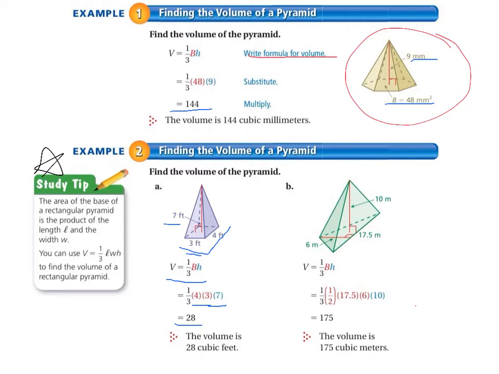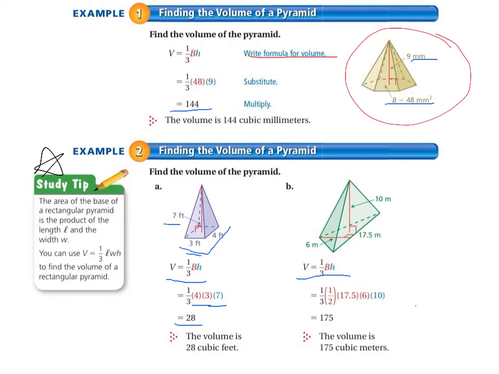Moving over to letter B, find the volume of this pyramid. This one is a little bit different because there's a triangle for the base. So we need to make sure we have our formula written out here, and we have 1/3, but to find the area of the base, we need to remember our formula for finding the area of a triangle, which is 1/2 base times the height.